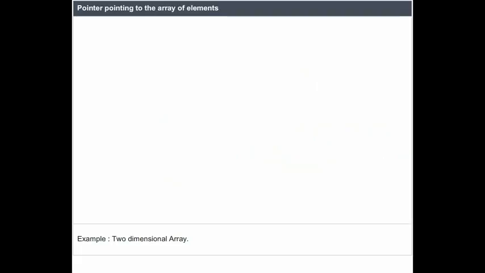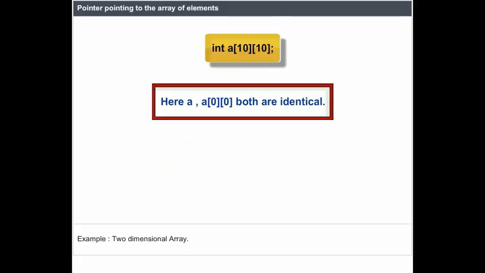Example, two-dimensional array: int a[10][10]; here a and &a[0][0] are identical.